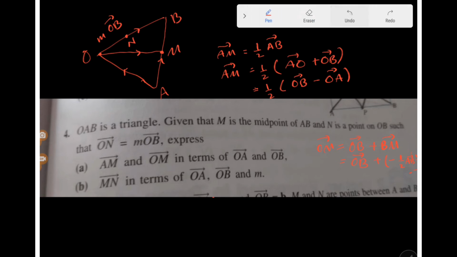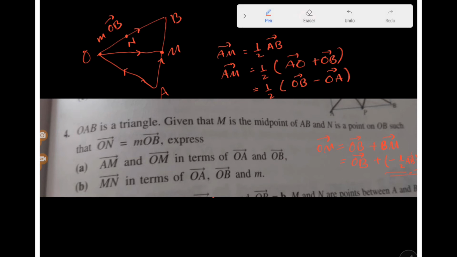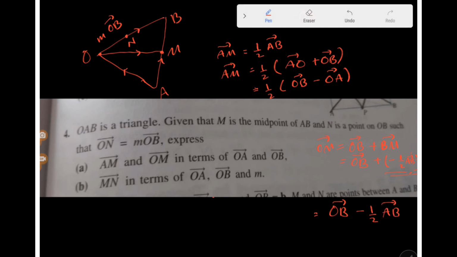I hope you can see this parenthesis. I almost messed it up. So basically you just know that it is negative half AB, because I don't have much space there. So it is OB minus half of A to B, and that's it, because we are asked to write it in terms of OA and OB.